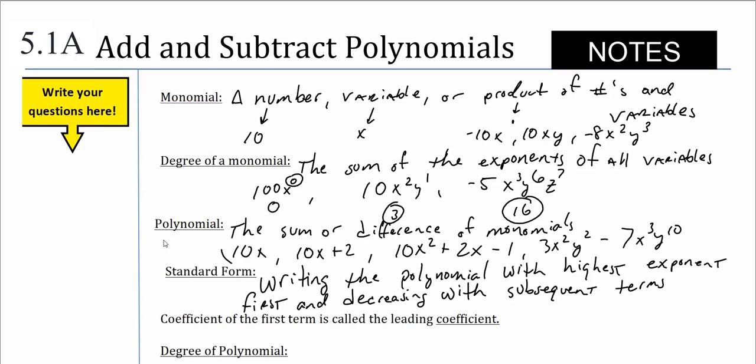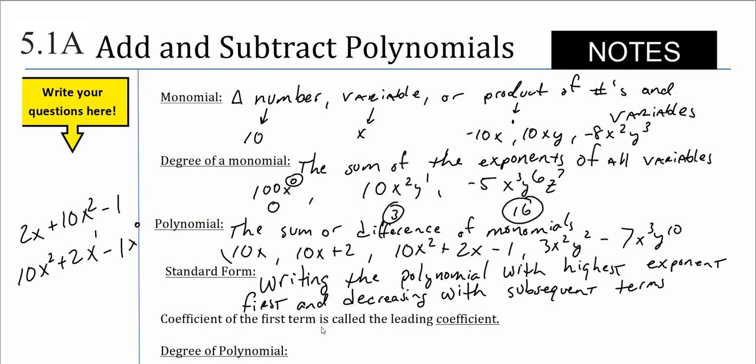So what that means is, an example would be 2x plus 10x squared minus 1. This is not written in standard form. Standard form would be 10x squared plus 2x minus 1. Okay, this is 2, this is a 1, so it goes down. Or you can say in decreasing order. And this is really x to the 0, so 2, 1, 0, okay? So that's how we do standard form.